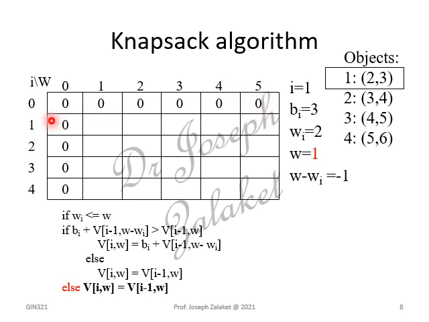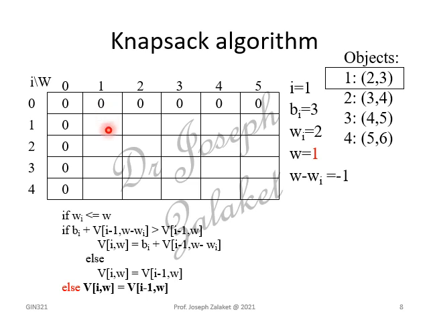So for i equal 1, we have the first object, which has 2 as weight and 3 as benefit. Okay, if we try this object, it cannot fit here, so we'll take the previous value because its weight is 2.